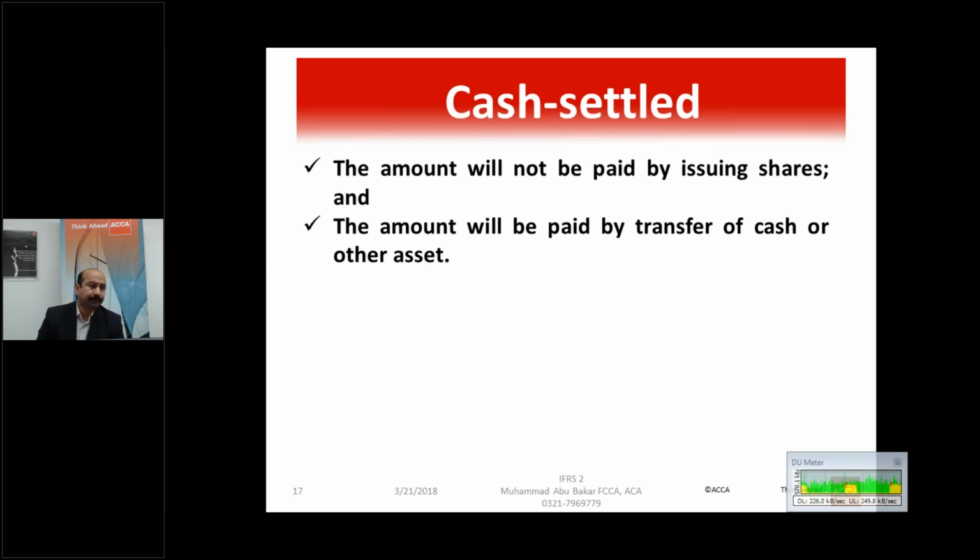Adil Nasir and Madiha asked that, as we were discussing equity settled transactions, why have we debited cash? We debited cash when we were discussing the entry: we debited the cash and then credited the equity, and then the remaining amount we debited the expense or stock or asset.